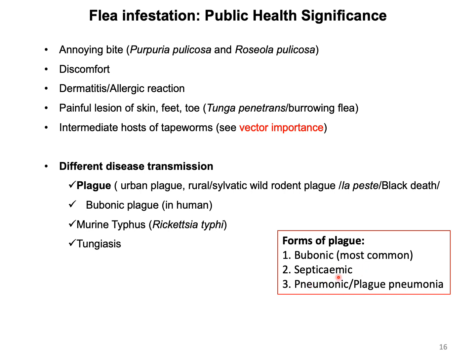The second form of the disease is called septicemic plague. In this case, the pathogen moves to deeper tissues from lymph nodes, and organisms in the blood and capillary walls start to leak, turning the color of the skin black. Therefore they call it Black Death. The third form of the disease is called pneumonic plague, or plague pneumonia.